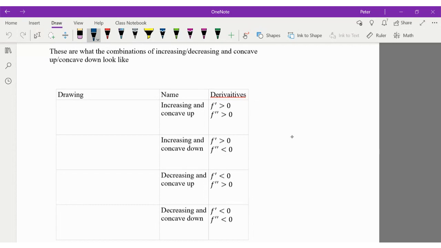Increasing and concave up would be shaped like this. Here's an increasing function, and you can see that it's concave up like that. If instead I have increasing and concave down, here I have a function that's increasing. It's still increasing, but its concavity is pointing the other way. And then decreasing works the same way.